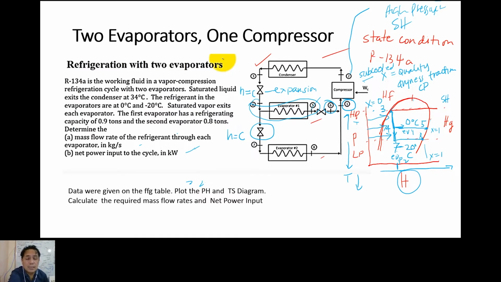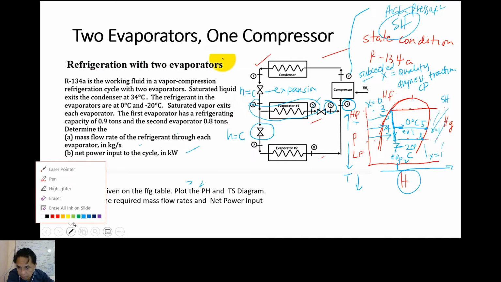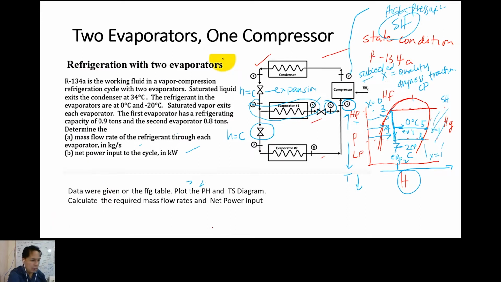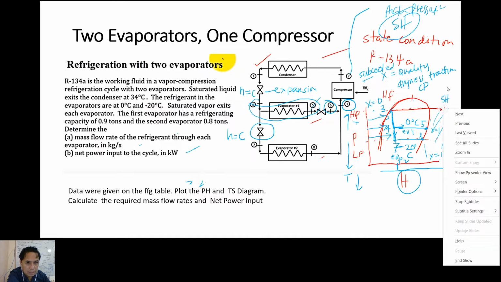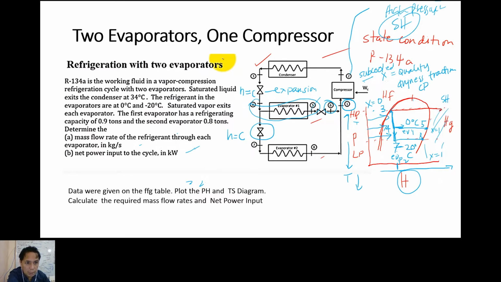It is more than the saturated vapor, so it is in the superheat region. So easily, class, I can say that it is number 2. Any question? Please interrupt me if you have a question. So I would mark this as number 2. Superheat.